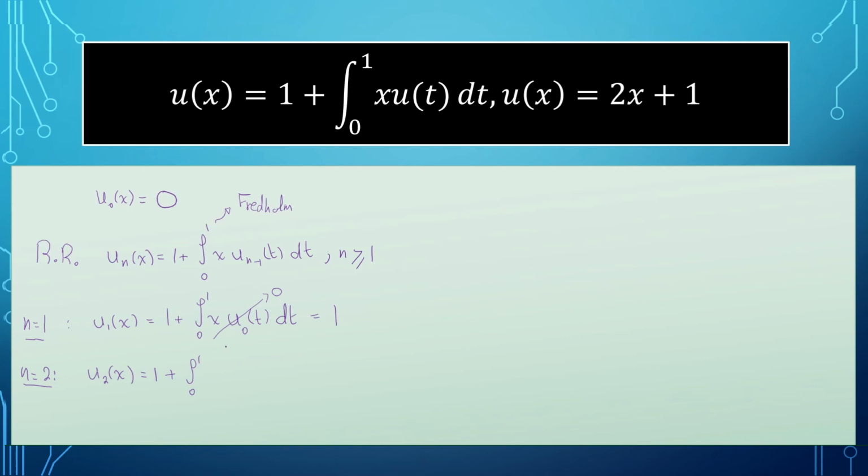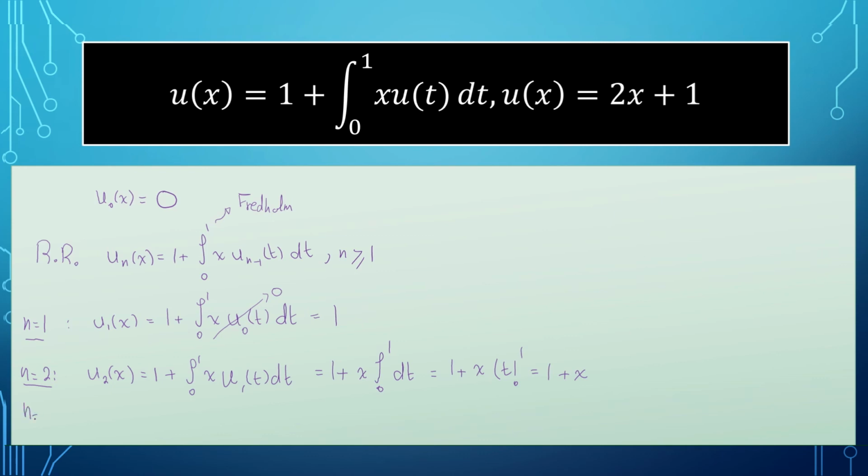Remember to substitute in the recurrence relation. x u n minus 1, n is equal to 2, so 2 minus 1 is 1, of t dt. u1 of t is equal to 1, so 1 plus x, integration from 0 to 1 dt, and that will be equal to 1 plus x, t from 0 to 1 is 1. Okay, so 1 plus x.